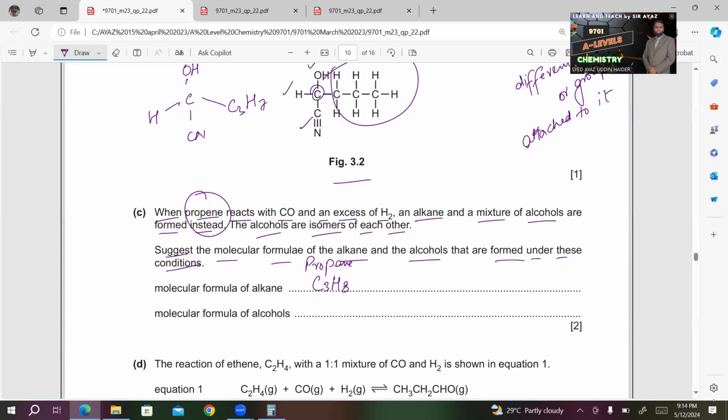What about the alcohol? We are getting propanol. Formula must be C3H8O.